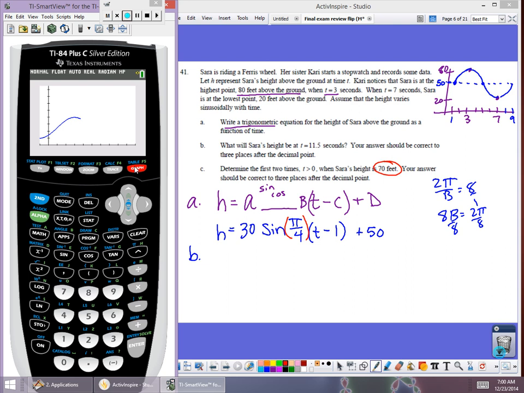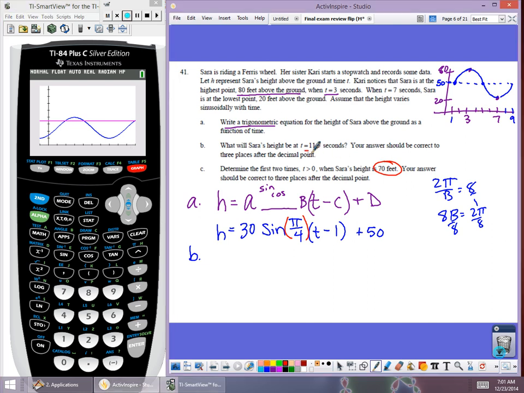Now, when I typed in my dimensions for where I wanted my window to be viewing, obviously it was okay. I didn't need to change it so much, but it looks like right here we have to check 11.5 seconds. So 1, 2, 3, 4, 5, 6, 7, 8, 9, 10. I only go out to 10.